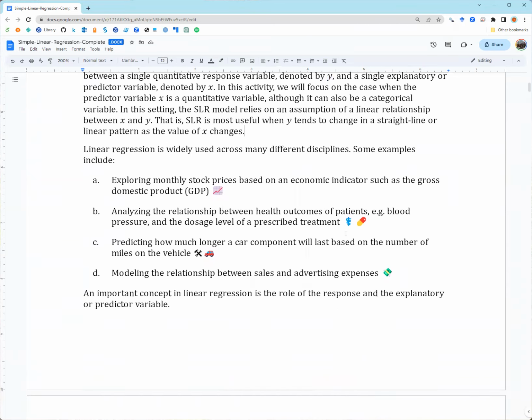So linear regression is used across so many different disciplines. Just a few examples: you could predict the stock price next month using some type of economic indicator, such as GDP. In a biomedical healthcare setting, you could predict someone's blood pressure, given a certain dosage level of a treatment of interest.